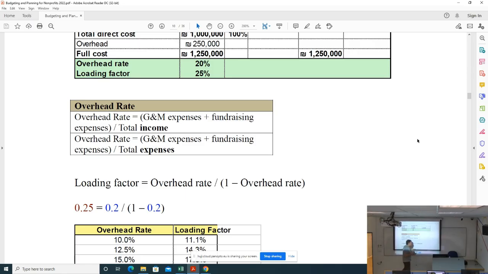Now this is extremely useful, especially when you work in a very large organization in which you have a lot of account managers, people who do fundraising on behalf of the organization, but there are large fundraising departments, and each one of them works independently. So if you want to instruct your fundraisers about how much overhead to add, you can, by calculating your loading factor, you can tell them. I did that when I worked in the JDC.